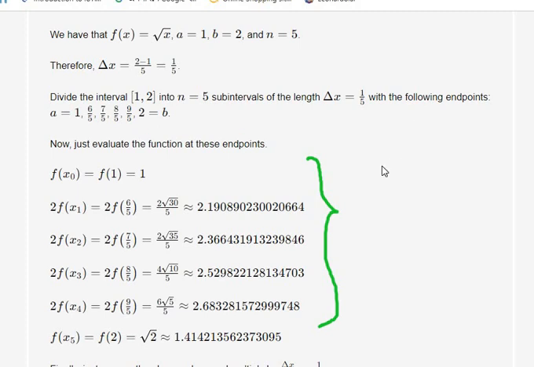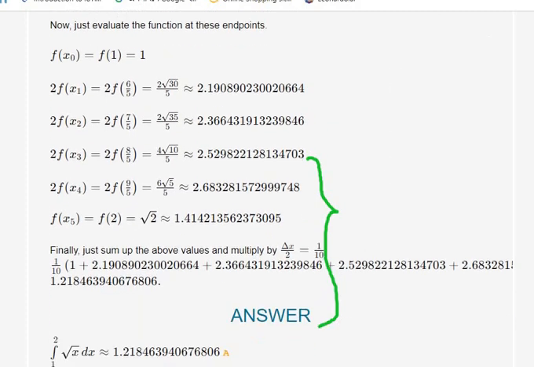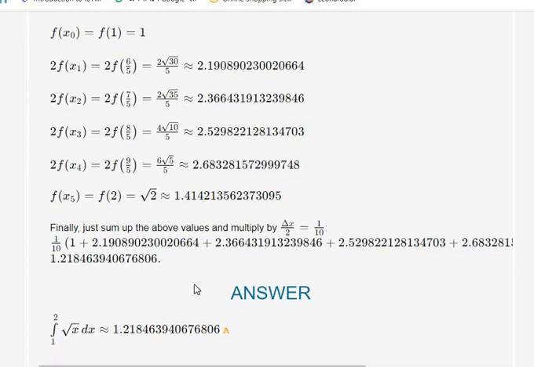When you have these, you can put them back in the formula and you will be able to calculate the area under this curve by using the trapezoidal rule. So the answer is given.